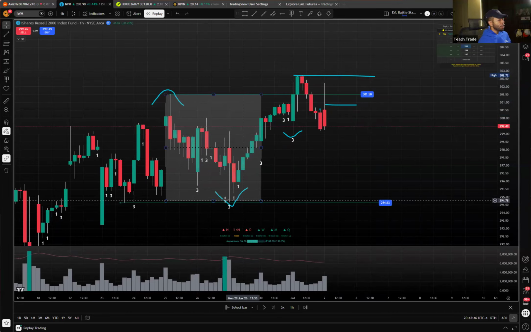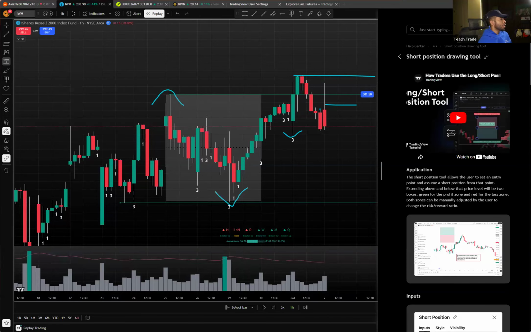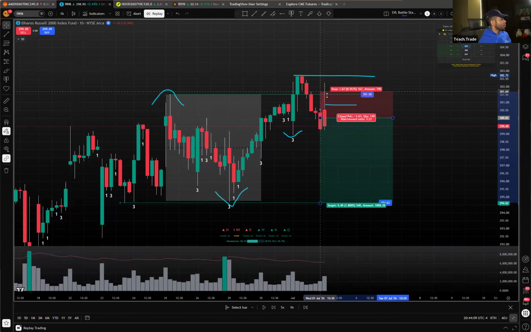But since we marked this previous low, and price is trading back through this range, that is where we got our answer for where our possible reward is. And that's all the way down here. So what happened recently in this trade was that we looked for a put on IWM.